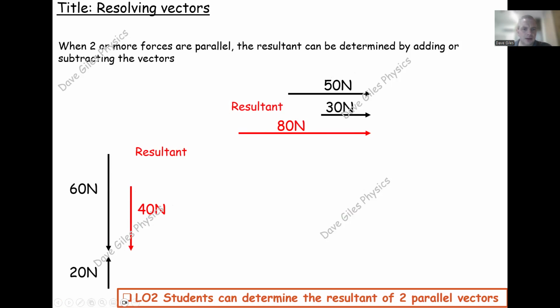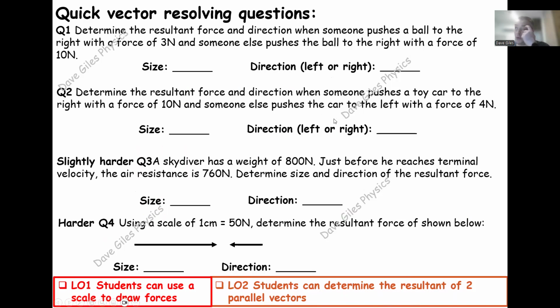Okay, so some very quick questions here on that. Pause it and I'll let you do it yourself. I will point out that this was designed for A4 paper, so it might be a little bit trickier to do the bottom one.